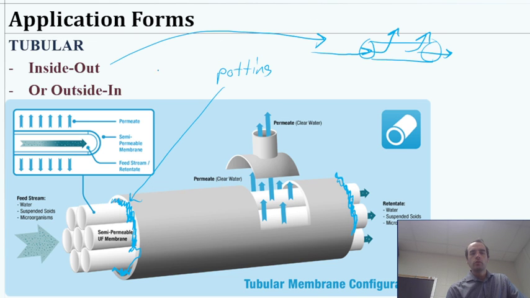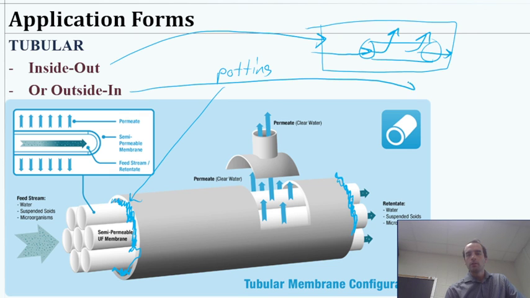But we could also do it outside in. So we could do an outside in operation. I'm just going to draw it here, where we have water coming to the tube, and essentially it's making its way in that way, and we've potted it such that we can collect the permeate through tubes here, and this would be permeate, and that's outside in.